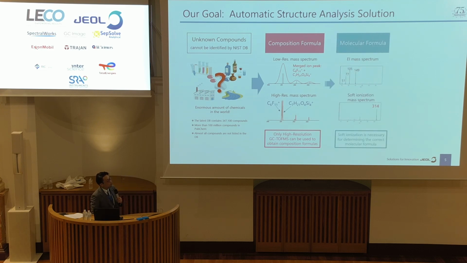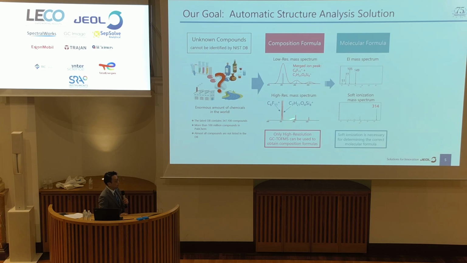As you know, EI is the hardest ionization. Sometimes we cannot see any molecular ion information in the EI mass spectrum. However, if we use soft ionization techniques, we can clearly see the molecular ion directly. And if you use high resolution mass spectrometry, such as time of flight, with soft ionization, we can calculate the molecular formula.